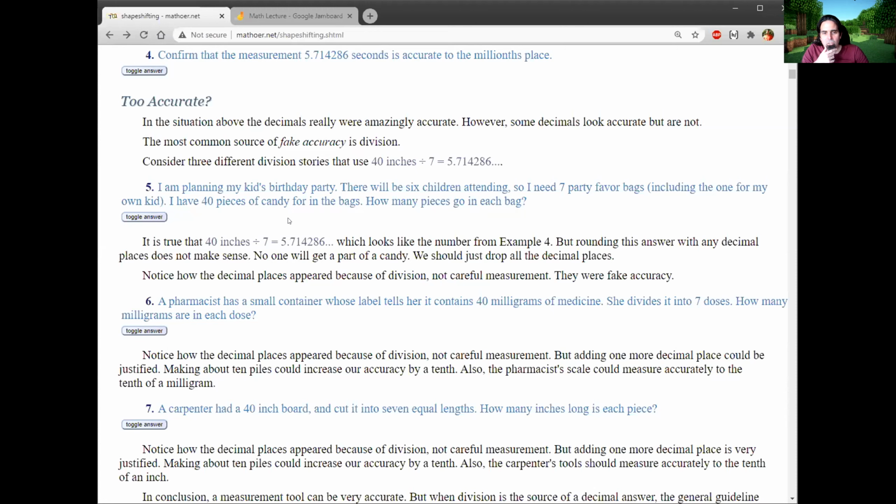How many pieces go in each bag? There. Oh, okay. So here we are doing 40 divided by 7, which is 5.71.